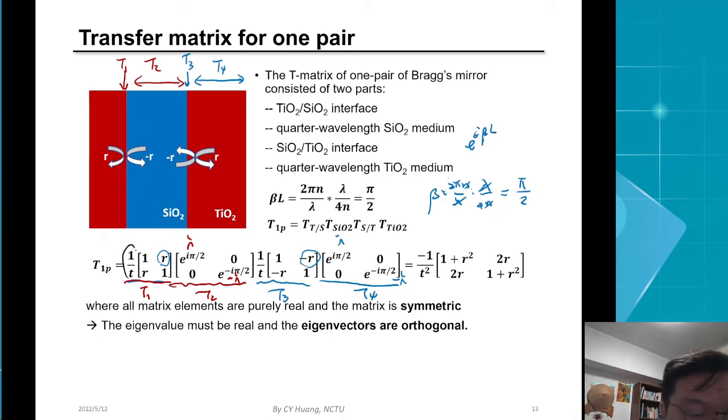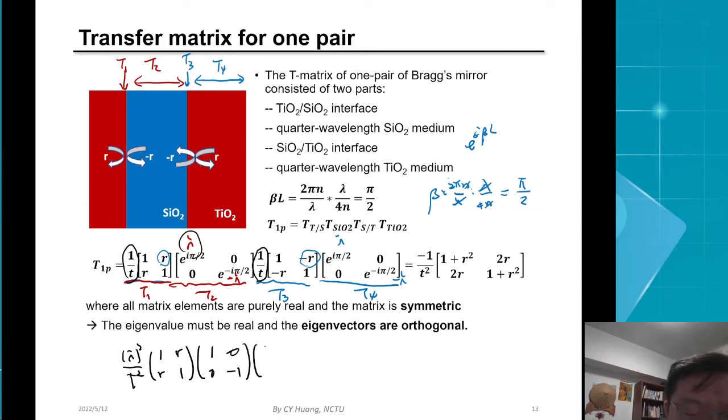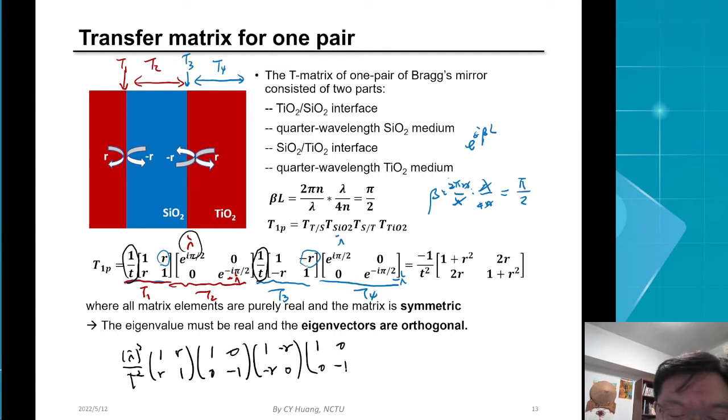We have 2 T over 1, we can pull it out first, and the i, it will be T squared over i squared, times the matrix 1 R, R 1, times, since we already pulled i out, 1 0, 0 minus 1, again 1 minus R, minus R 1, and 1 0, 0 minus 1.